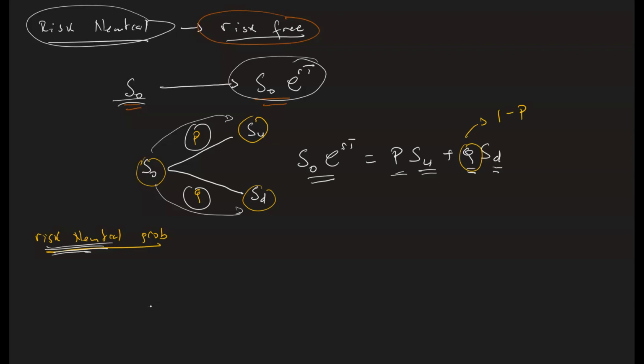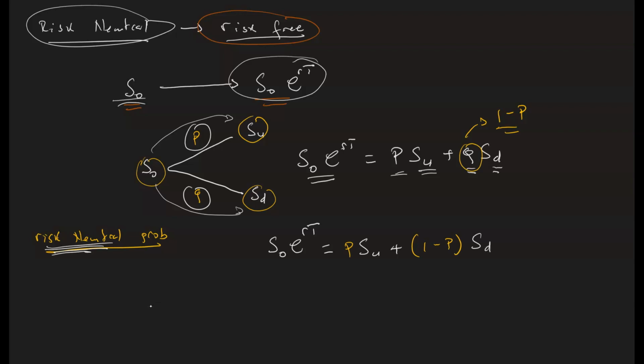So what we're going to have is the following: the stock price's future value is going to be equal to P, which is the risk neutral probability that the stock price is going to be increasing, multiplied by S up, plus Q. Remember, Q is 1 minus P, so 1 minus P, which is Q, multiplied by stock down.